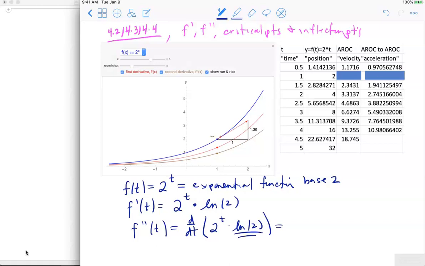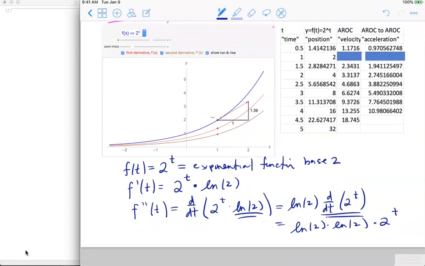The logarithm of 2, while it's a fancy number, is just a constant. So we bring that out in front of the derivative symbol. Then we have to take another derivative of 2 to the t, which would make a second logarithm of 2, and then we get the 2 to the t back again.